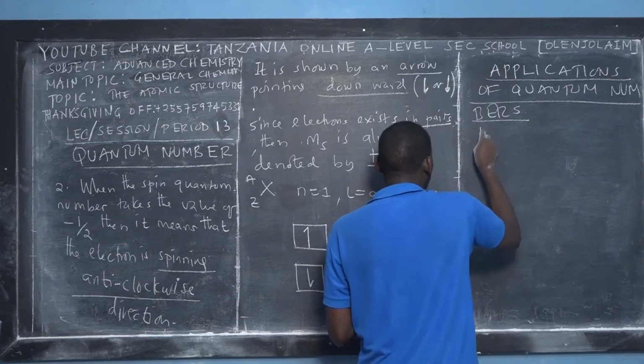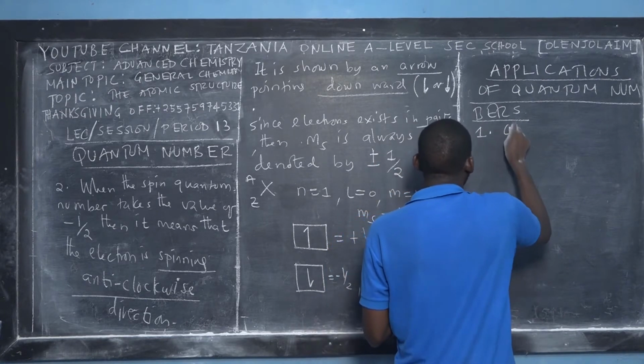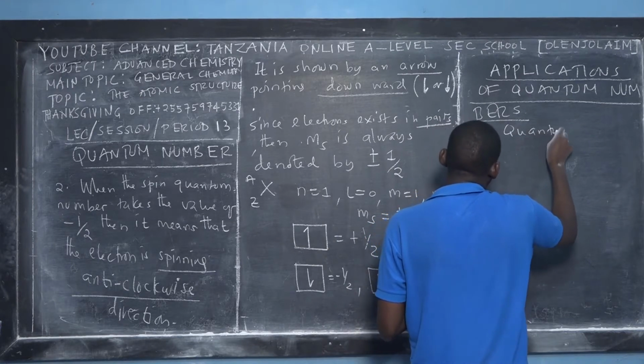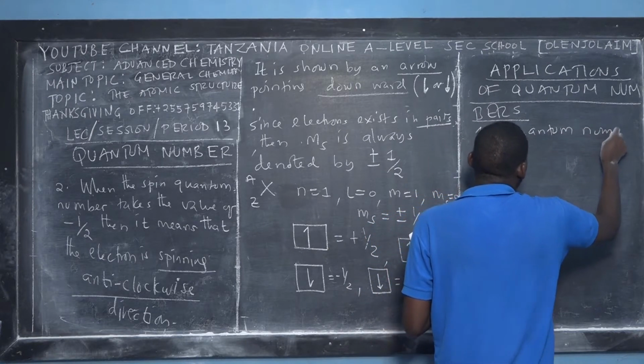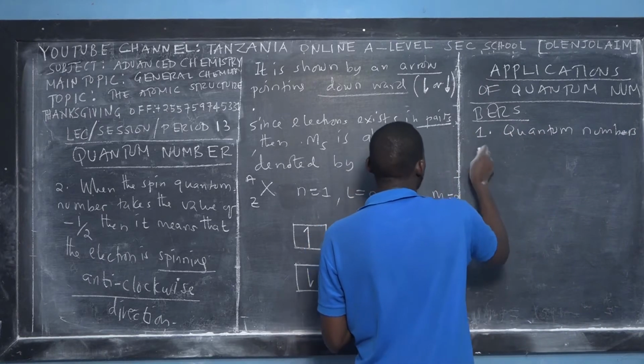The first application is this. Quantum numbers, all the 4 quantum numbers, are used in physics and chemistry.